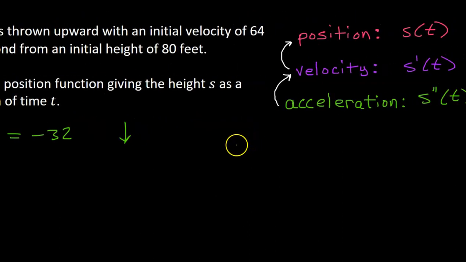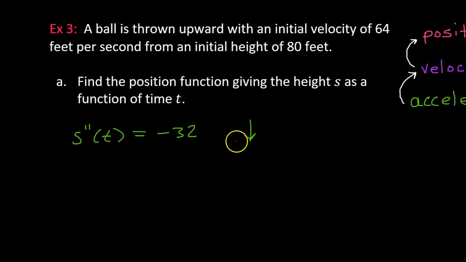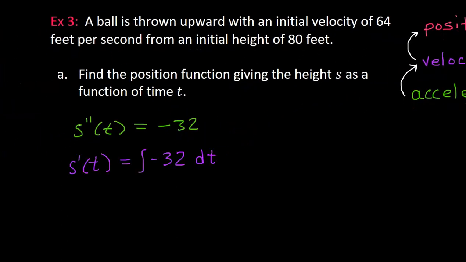So if I want to go from an acceleration function to a velocity function, I need to take the integral. So the velocity function will equal the integral of negative 32 dt. So the velocity function is negative 32t plus c, the constant of integration.